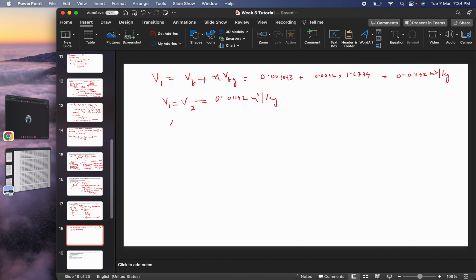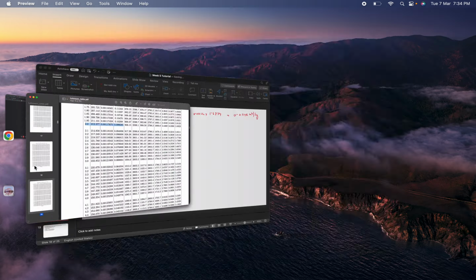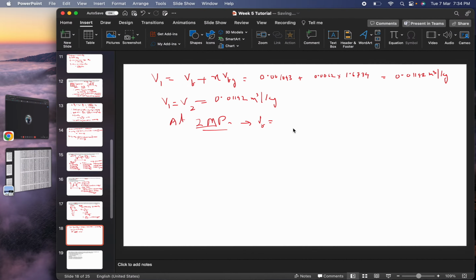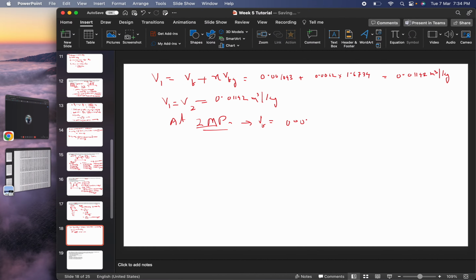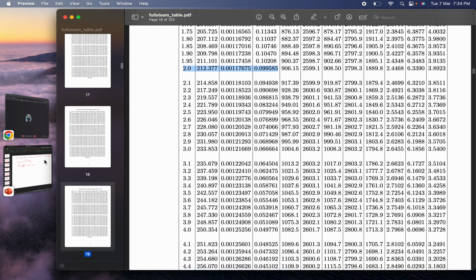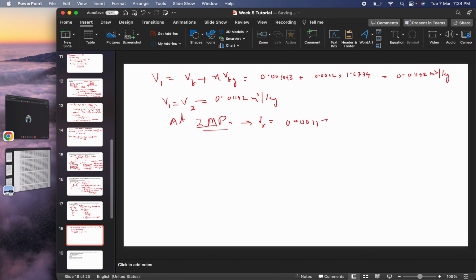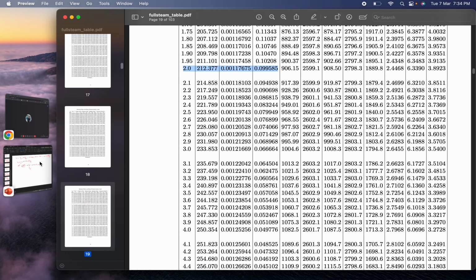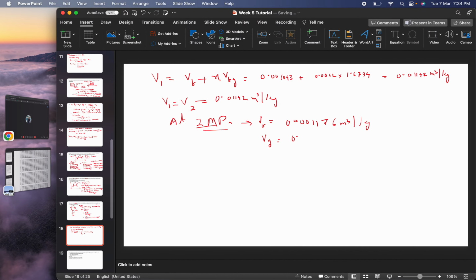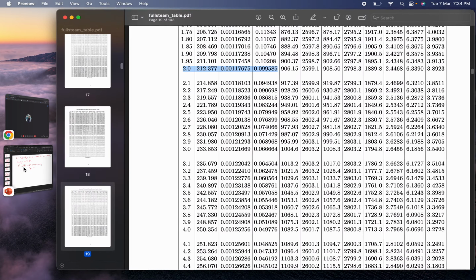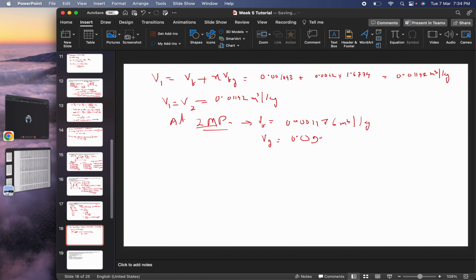At 2 megapascal, my Vf is what? 0.00176 meter cube per kg, and my Vg is 0.09958 meter cube per kg.